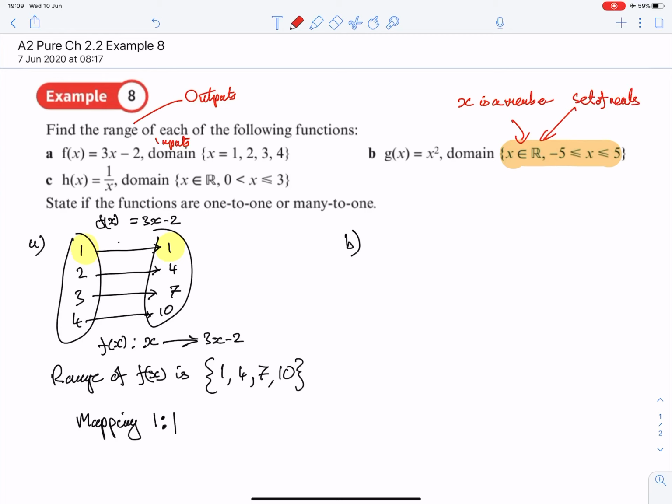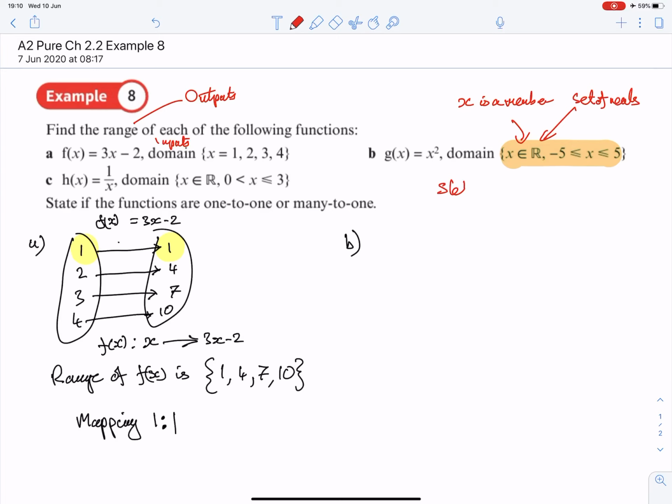So in other words, all the values between minus 5 and 5, rational and irrational numbers. We'd have to write out a lot of numbers if we were to use this kind of structure to our answer. So this is much better represented by a graph, a sketch.